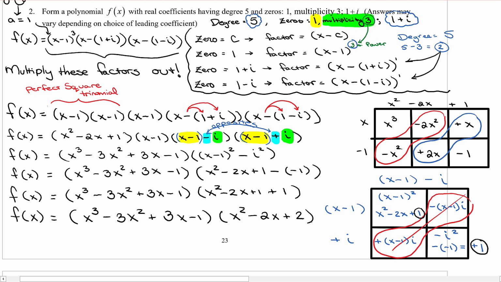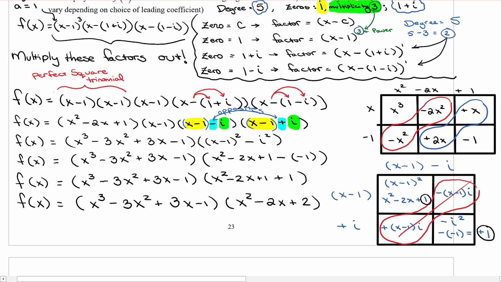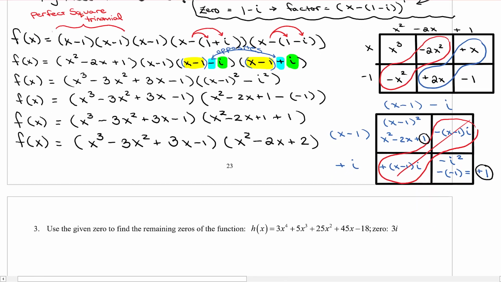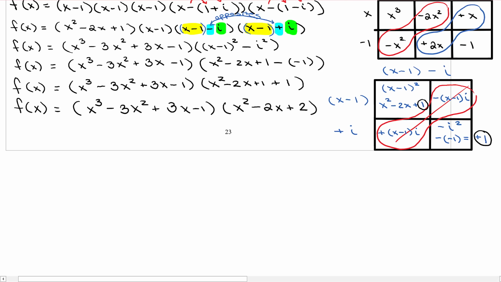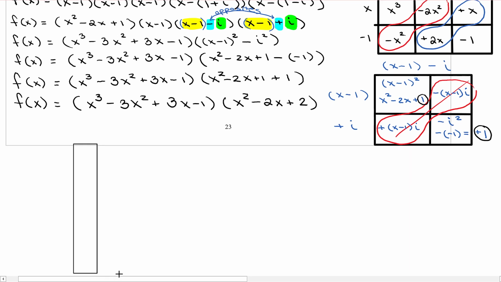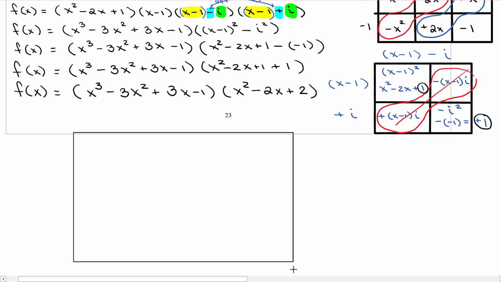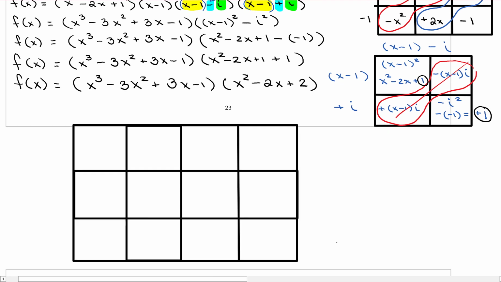Now we're going to have to multiply this out. I know what you're thinking, right? A polynomial with 4 terms and a polynomial with 3 terms. This is when you learn to really appreciate and love the box method. I know there's still some people who are like, why do you use the box method?